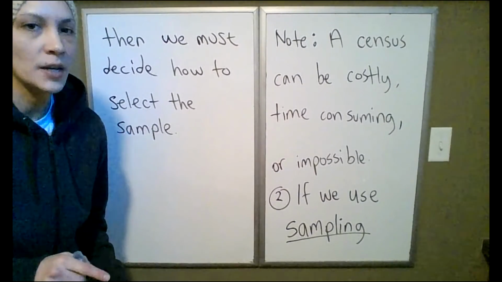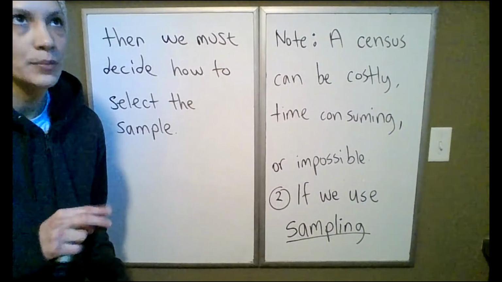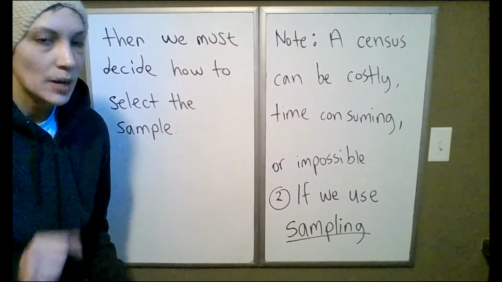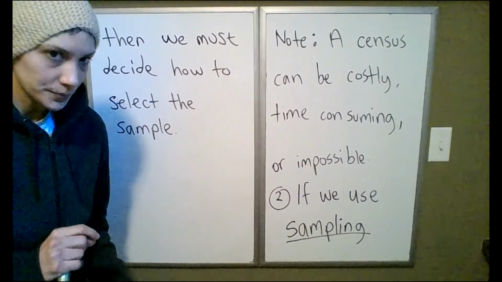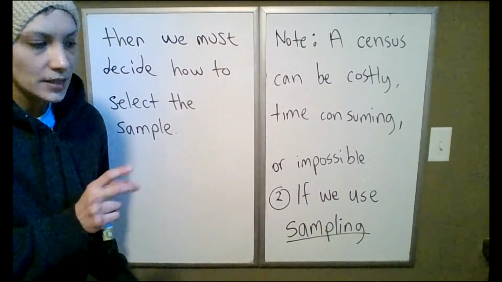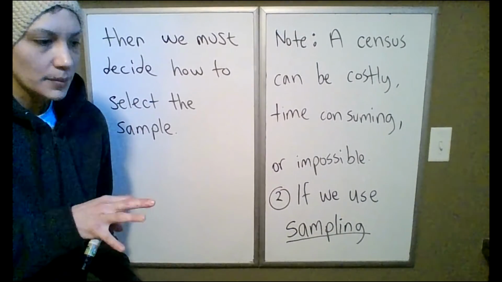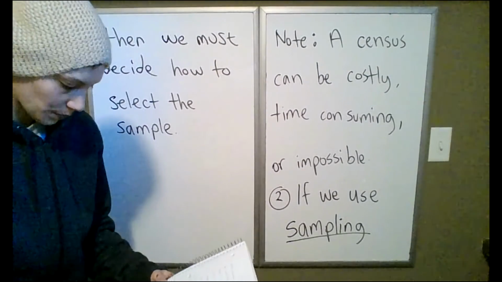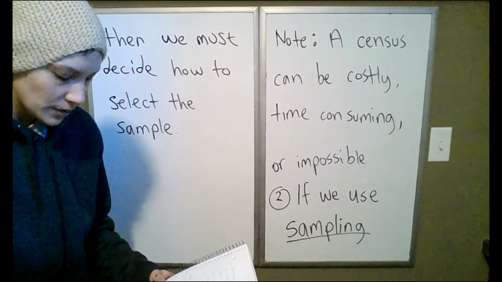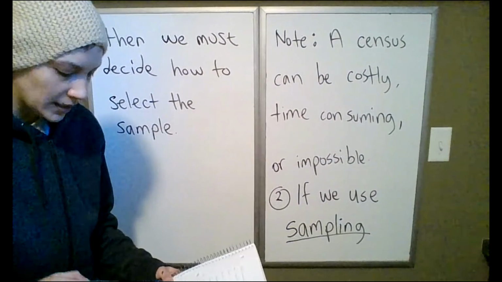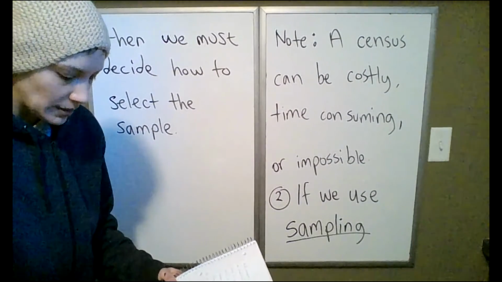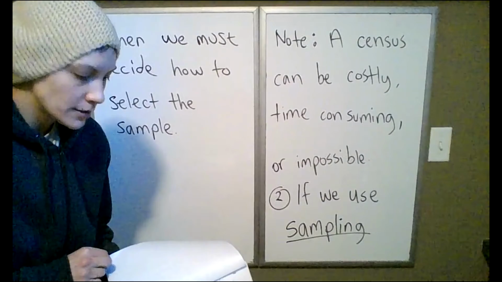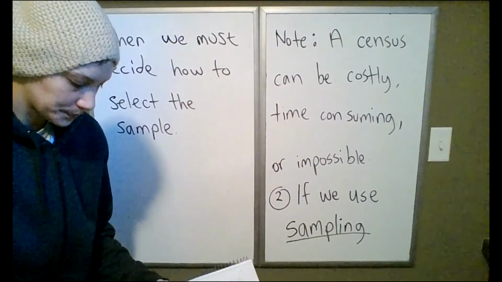In the next section, we'll talk about different sampling methods. But for any method, you want your sample to be representative of the population. If a sample is used to draw conclusions about the population, it should be representative, which means it should reflect as closely as possible the relevant characteristics of the population.